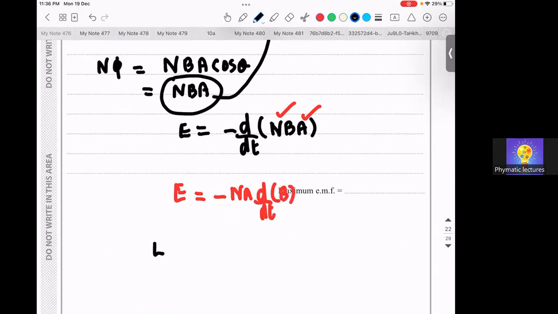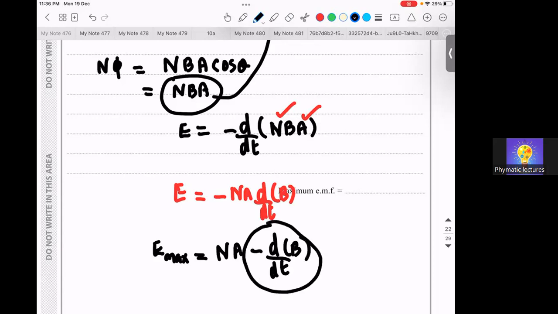To get the maximum EMF from this expression, the number of turns is constant and the area is constant. Then minus dB by dt should be maximum, so dB by dt should be minimum gradient.